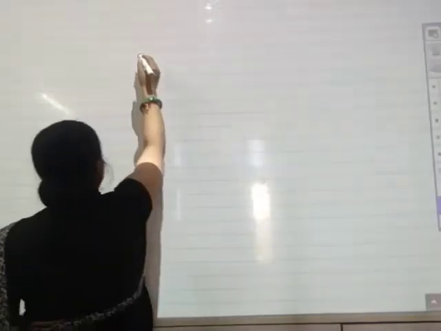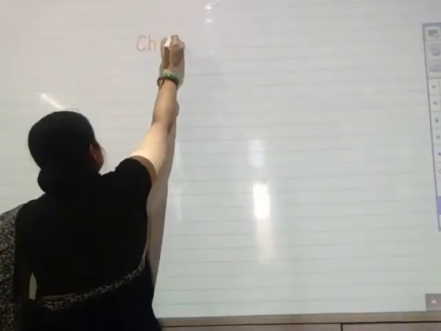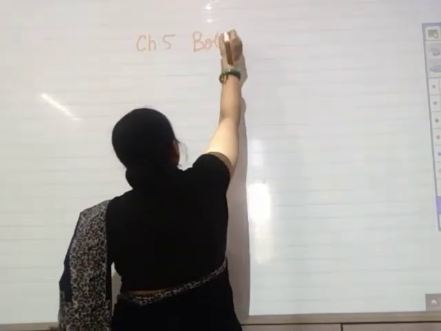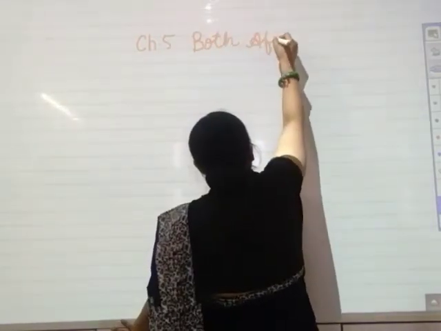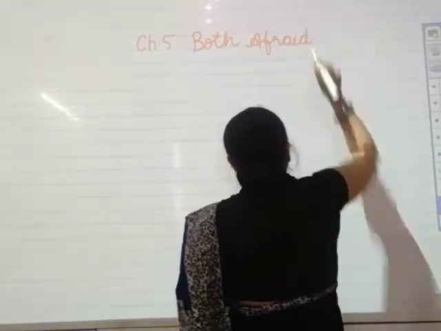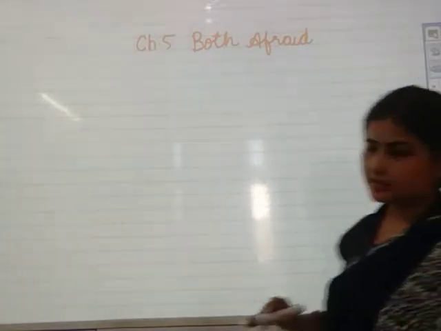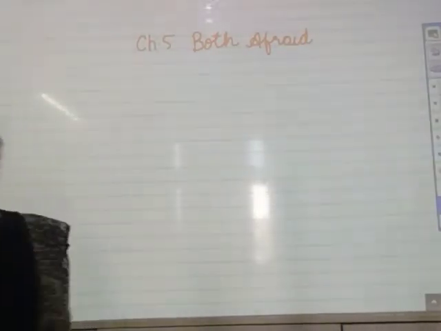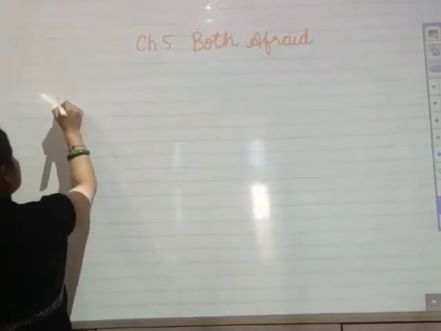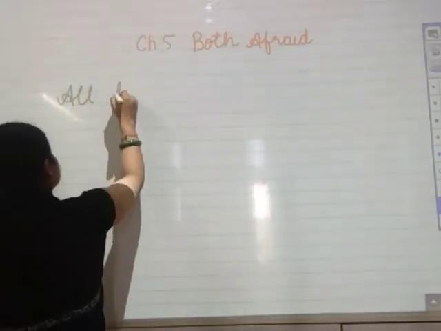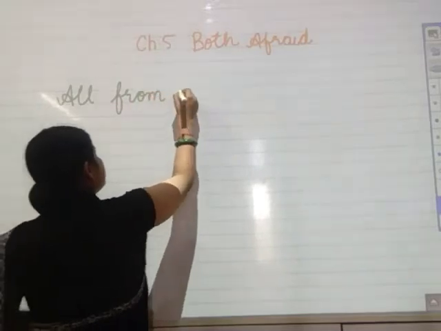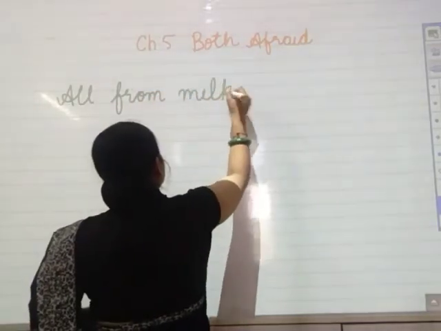Okay, so for this you need to take out your notebook. Write chapter 5, Both Afraid, and give topic as all from milk.